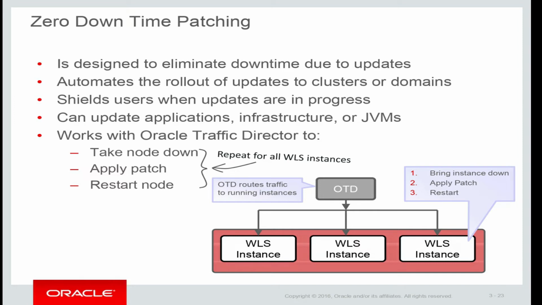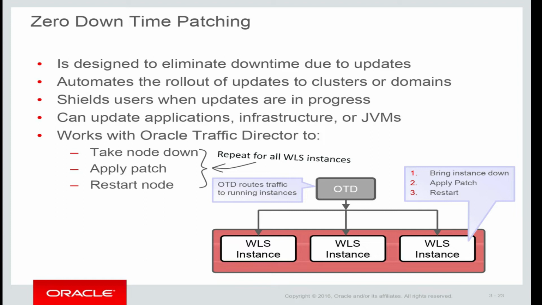Actually it is a function of the cluster that automatically takes care of it: when one WebLogic instance is going down for update, it will redirect all the users to another instance. So you should have a firewall, OTD, or a proxy in place. Here we are talking about production, because in production we don't use just one WebLogic instance.